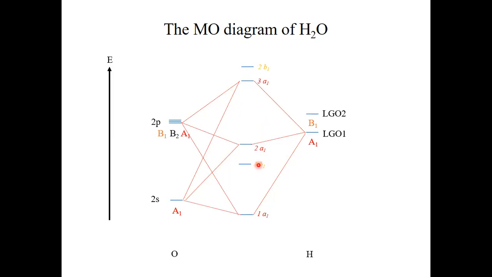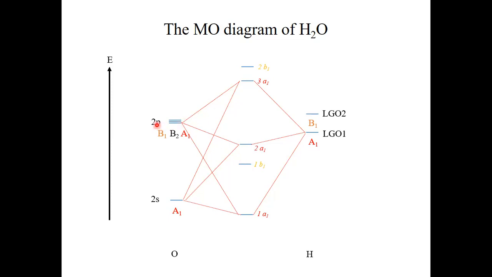We indicate the symmetry types with lowercase letters, in this case b1, and we again number these orbitals by giving them the respective coefficients. This one gets the coefficient 1, and this one gets the coefficient 2, because this one here is lower in energy than this one over there. So again, the bonding one should be energetically below the atomic orbital or ligand group orbital of the lowest energy.